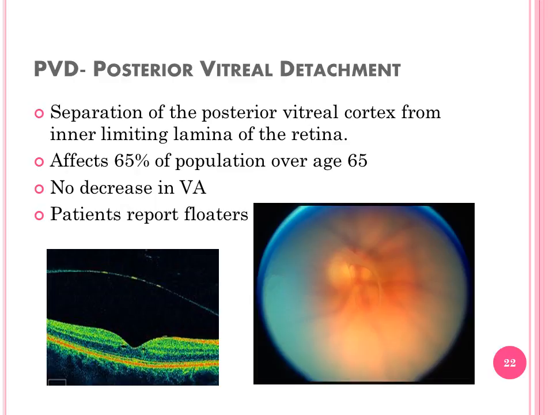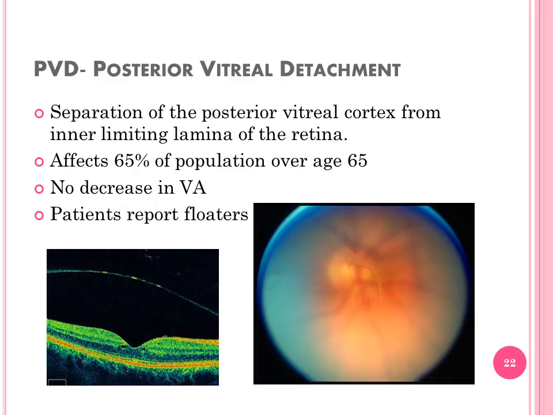Okay, it's weird because there's not really a decrease in vision, but because there's been this pulling sensation, things are kind of shaking around. Patients are going to report seeing floaters, which are like little cells kind of floating around in there. It could be a little bit of pigment. It affects about 65% of the population over the age of 65. So, again, very relevant. Makes sense to know about this for your patient.